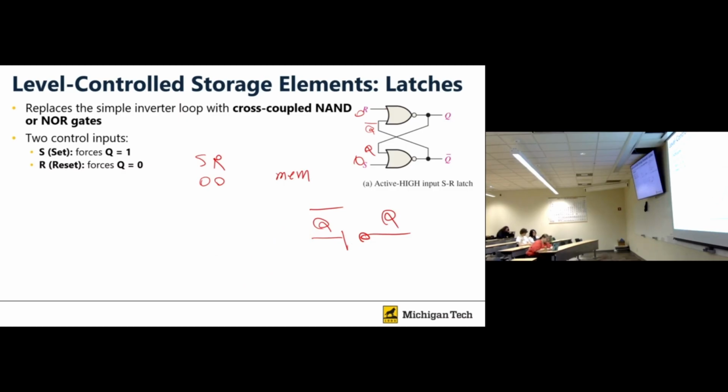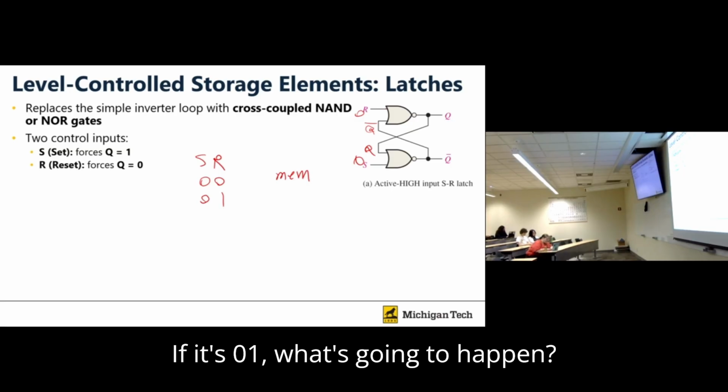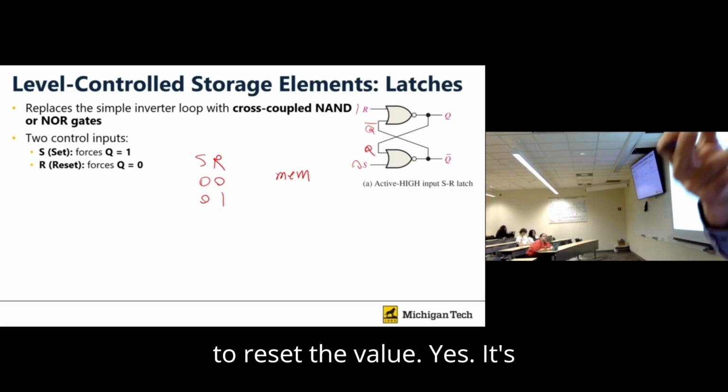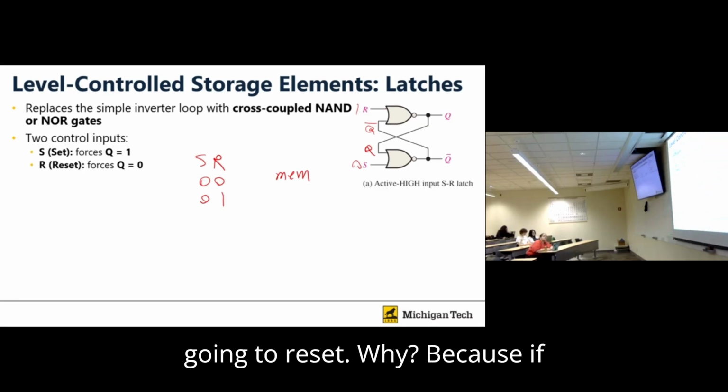So let's see now. What about 0, 1? If R is 1 and S is 0, it's going to reset the value inside. Why?